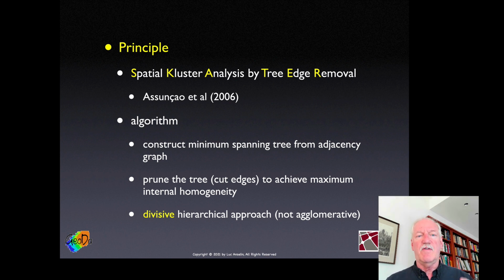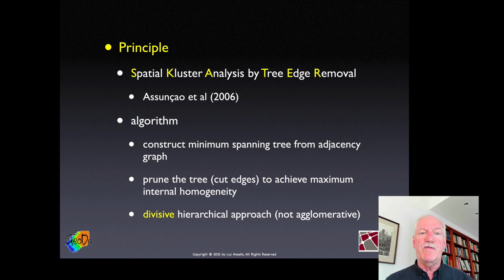And you can think of, just as we did when we discussed spectral clustering, each subcluster as a set of connected nodes that are then separated from the other nodes. So to have k clusters, we have to make k minus 1 cuts in the edges of the tree. And that's basically the logic behind the SKATER algorithm.